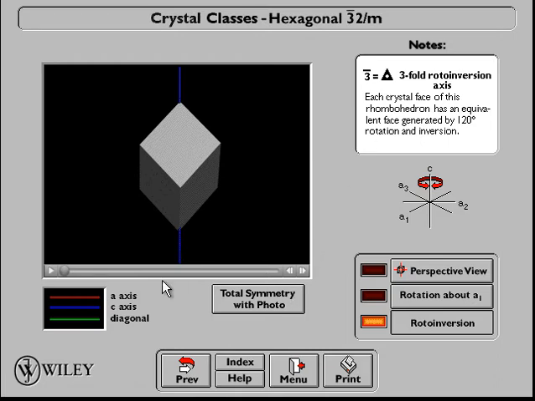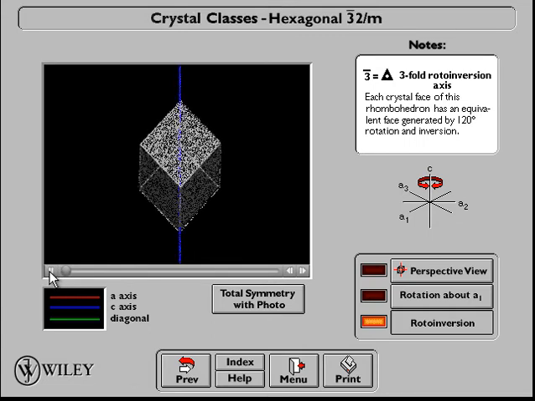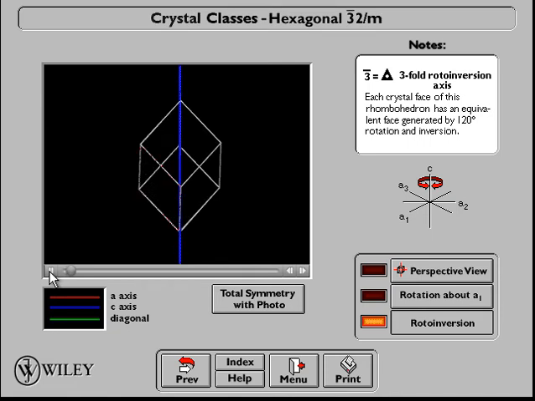So now we are just checking it. How does this look? We are starting with the 3-fold roto inversion. We have this plane here, yeah. So now we are making at first our 120-degree rotation.